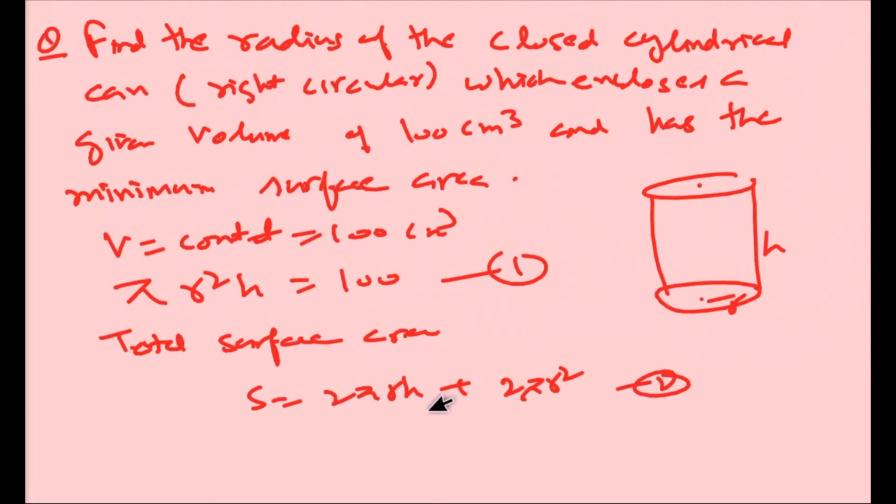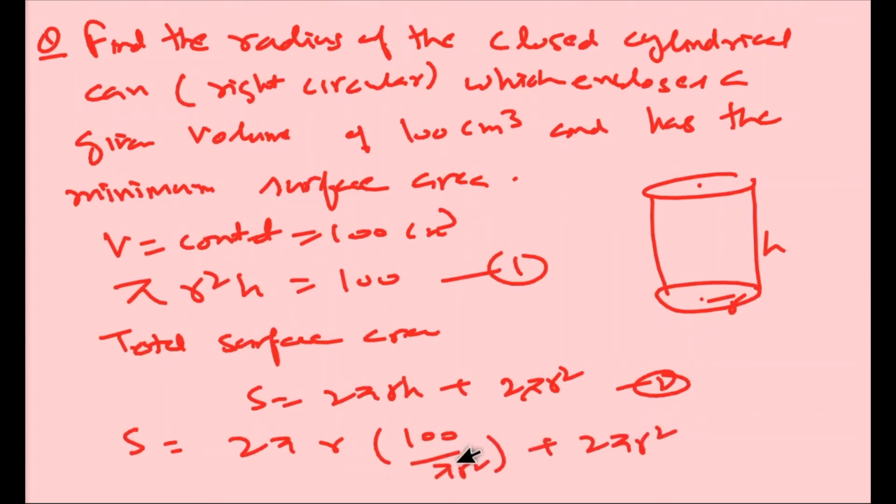Let us change using h equal to 100 upon pi r square, putting here, that will be easier to change in value of r here. So what is easy, you have to decide. Okay, so s equal to 2 pi r, putting h equal to 100 upon pi r square plus 2 pi r square. You should decide yourself which variable you have to take here, h or r.